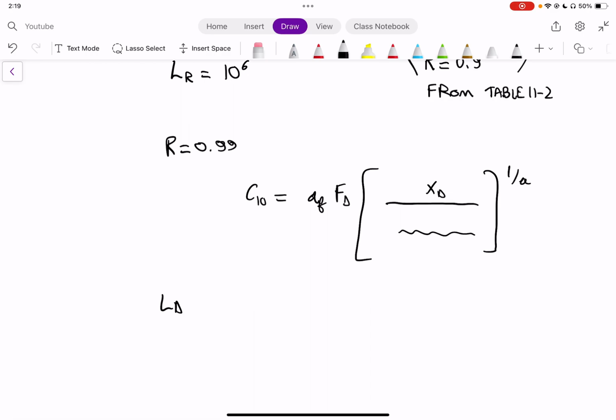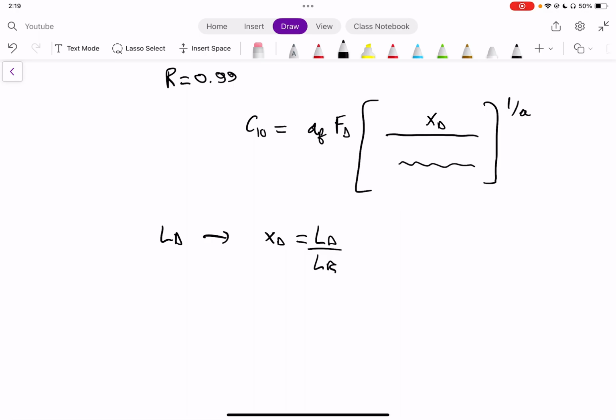We can find life desired from XD, because XD is equal to LD over LR, and we already know what LR is. So we can find LD from that, okay? So what we need to do is rearrange this top equation into a term that's equal to XD. The first thing we can do is edit directly in the top equation.